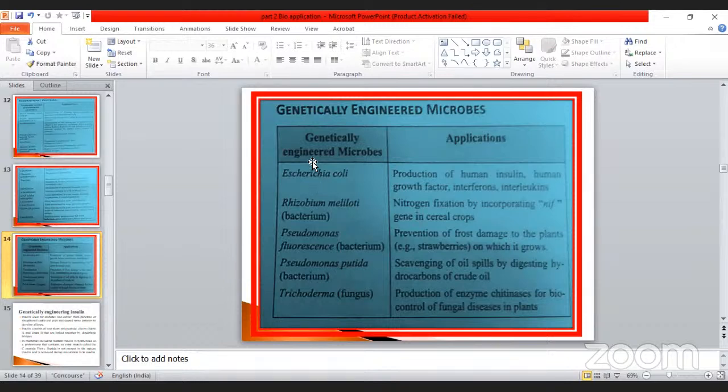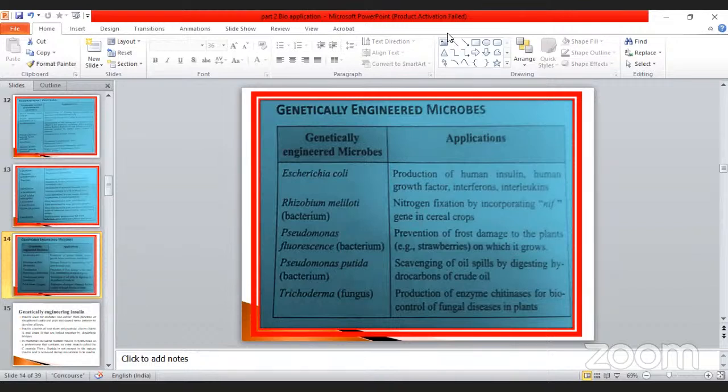Okay. And the next one, what is that? Rhizobium meliloti. Rhizobium is mostly found in leguminous plants. What is the main function of rhizobium in plant roots? Nitrogen fixation from the atmosphere to soil. Nitrogen fixation by incorporating the NIF gene. What is the meaning of NIF gene? NIF gene is nothing but the nitrogen fixing gene.